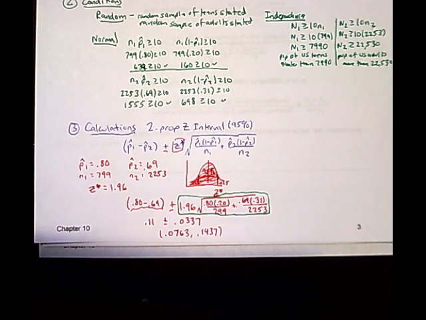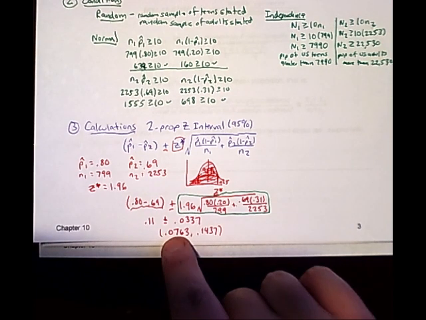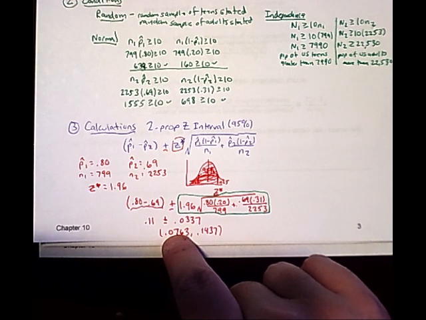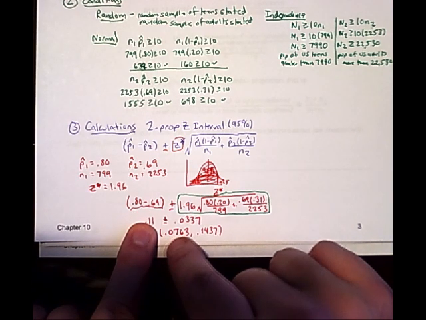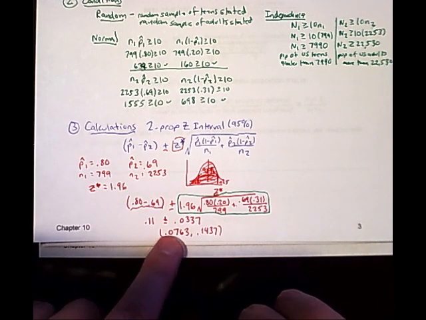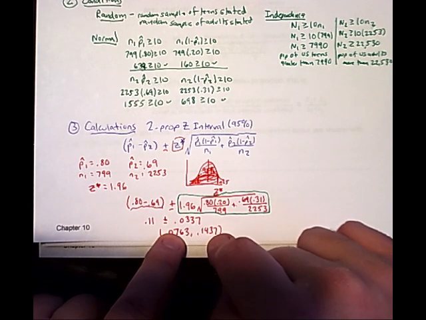So that means the true difference could be as low as 7.6%. Even though we got a sample difference of 11%, we're saying the true difference could be as little as that or as much as that.